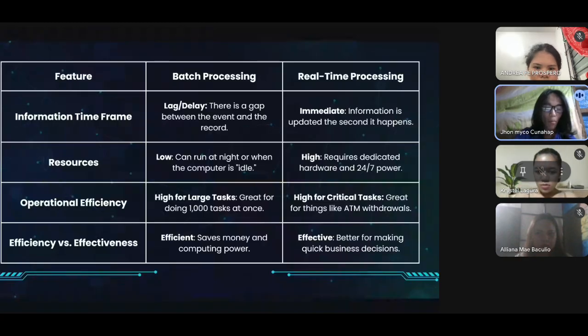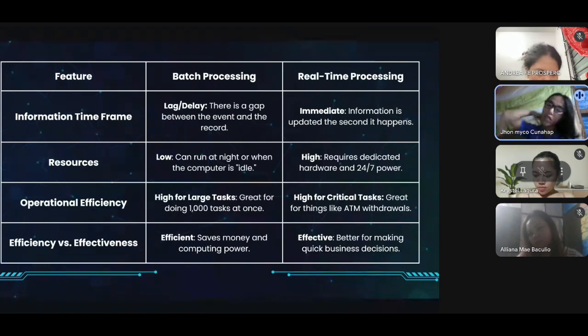So if you look at the comparison table now on the slide, it highlights main differences we need to consider as auditors, which are first, notice the time frame. Yung time frame is in a batch system, there is a lag or delay because we wait to process data in groups. While in the real-time process naman is immediate ang iyahang update.